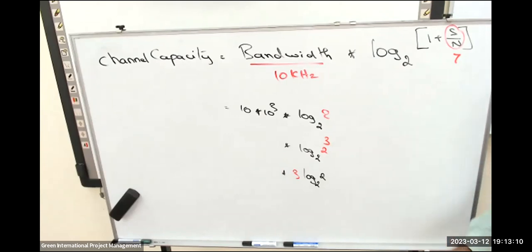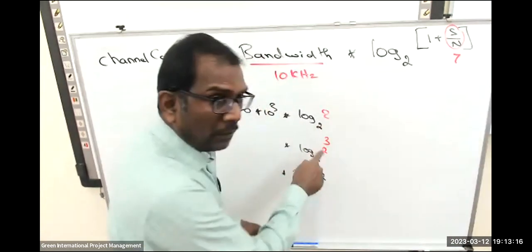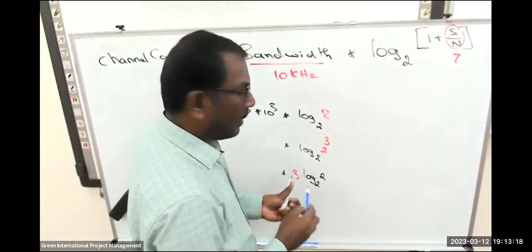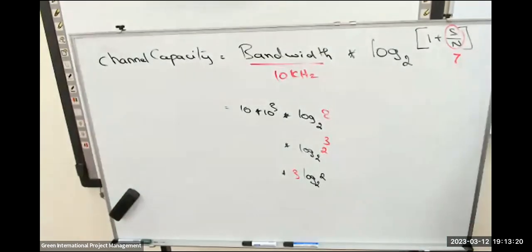Yes, you may use the calculators also. But in the calculator, especially the usual system calculator, we have log base 10 and log base e. Here it is log base 2. So now we need to go for the log conversions.